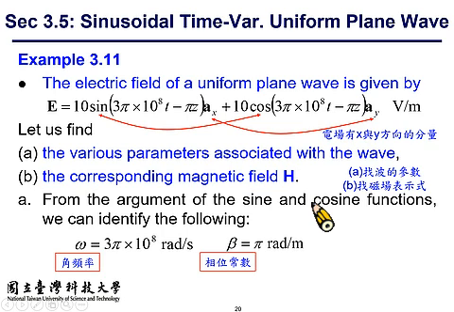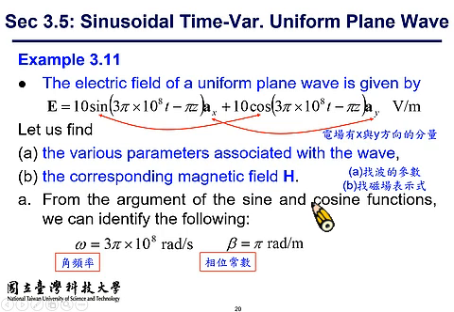So at that moment, the electrical field has only the positive x component. So from t equal to 0 to pi over 2, the direction of the electrical field is rotated from positive y direction toward positive x direction.